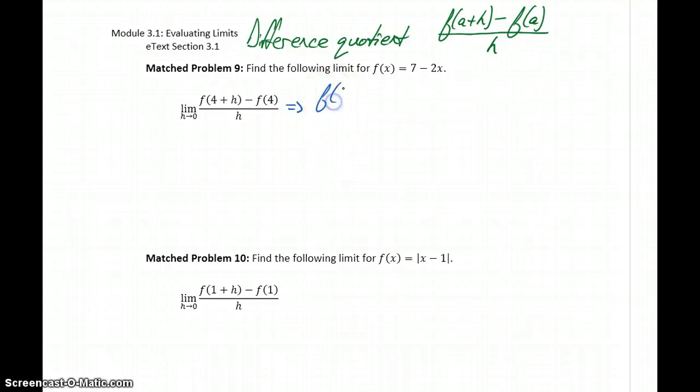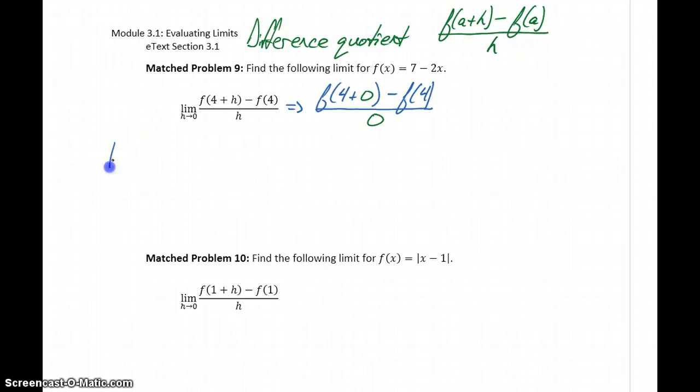This would give us f of 4 plus 0 minus f of 4, divided by 0. Now, it turns out the numerator would be heading to 0, but really all we need to know is that the denominator ends up being 0, and that's enough to know that direct substitution won't allow us to solve this particular type of limit problem.